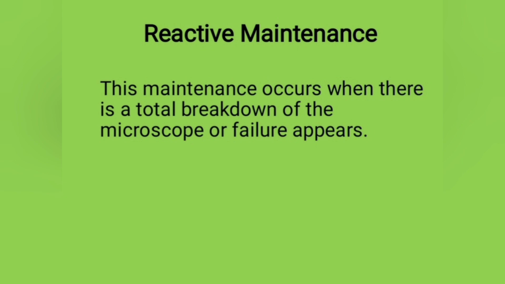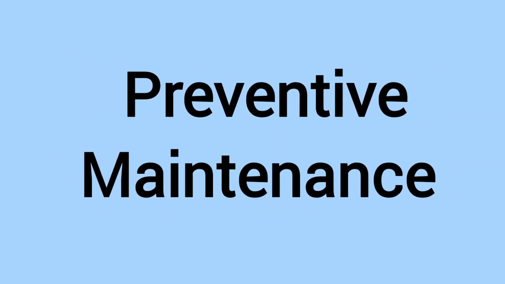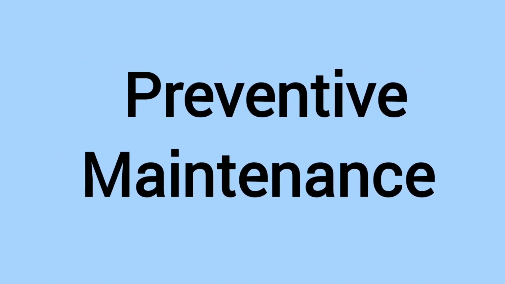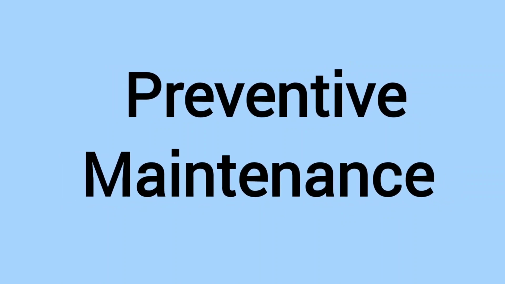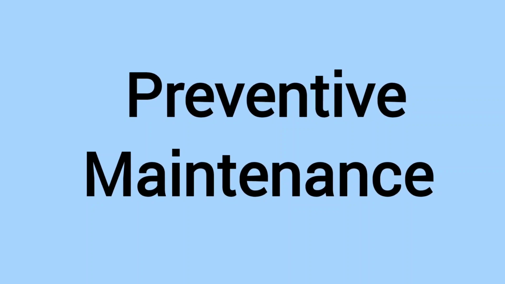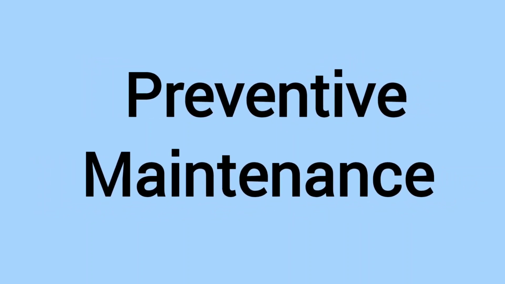But the most important type of maintenance is the preventive maintenance. If the preventive maintenance is done on schedule, then it will be very difficult to have a reactive maintenance, that is, when there is total breakdown of the microscope or when a failure appears.